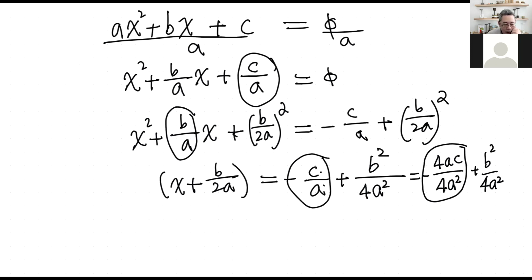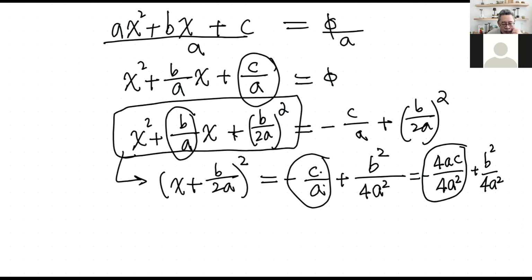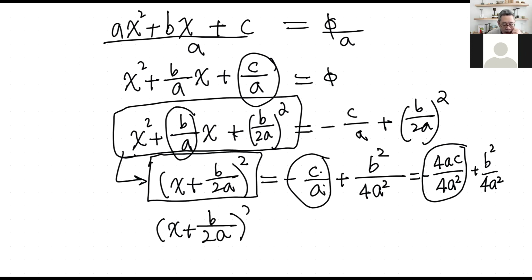Okay, now on the left-hand side, we actually got this square. So basically this thing is equal to this. And the reason we do the square is because now, if we take the square root on both sides, we can easily solve this problem. So this side is equal to b squared minus 4ac over 4a squared. Now we take the square root on both sides.